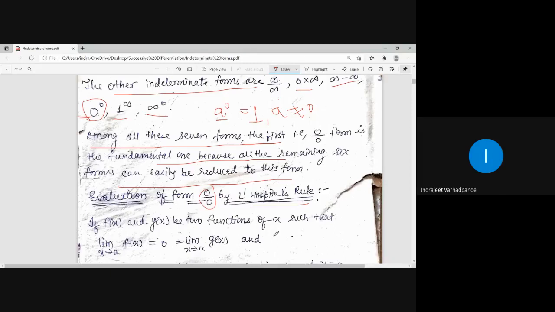So when the denominator is also 0, again we differentiate and try to simplify, so that our answer in the denominator is a finite or non-zero quantity.